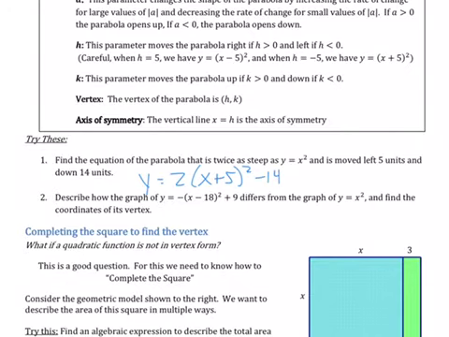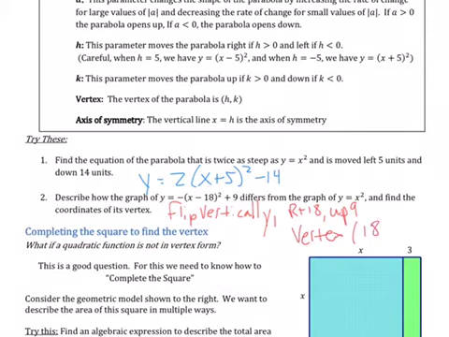And to flip this around, if we want to describe this graph, well, we know that we have a negative that's going to flip it upside down, flip it vertically. We know the minus 18 is going to move it right 18, and the plus 9 is going to move it up. That will give us a vertex, since it's moved right and up, of (18, 9).